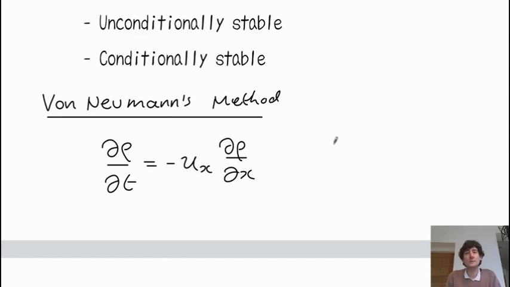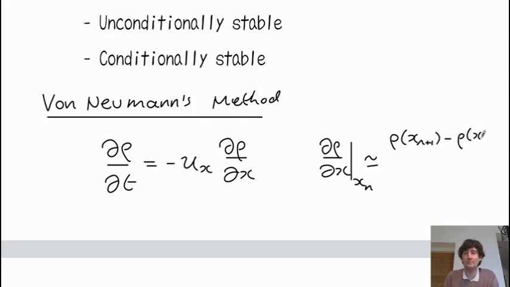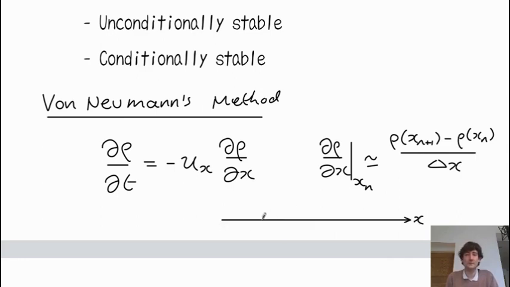If you approximate this with a simple forwards finite difference, d rho by dx evaluated at a point x_n is approximately rho at x_{n+1}, the next grid point, minus rho at x_n, divided by the distance between the grid points, or mesh points. So we have a one-dimensional system along x. We divide it up into space. Here we have x_{n+1}, and density is evaluated on these points, and the spacing here is delta x.